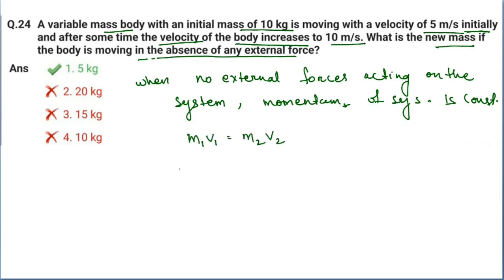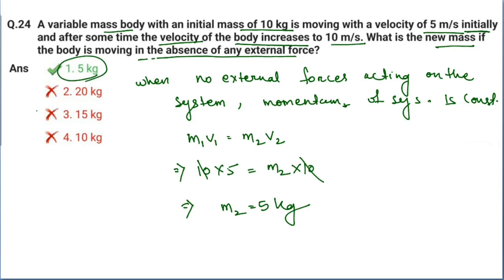Here m1 is 10 kg, v1 is 5 meters per second, m2 is not given, we have to calculate m2, and v2 is given as 10 meters per second. It's very simple, the 10s cancel each other. m2 is equal to 5, that is 5 kg. So option 1, 5 kg, is the correct one.